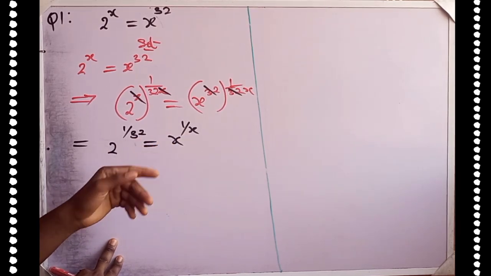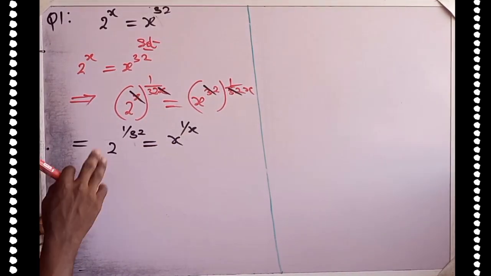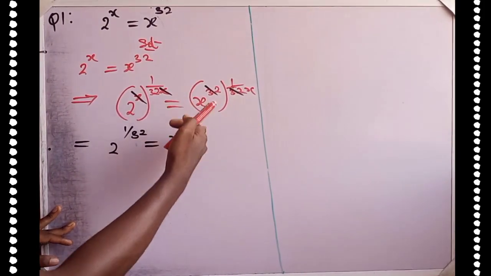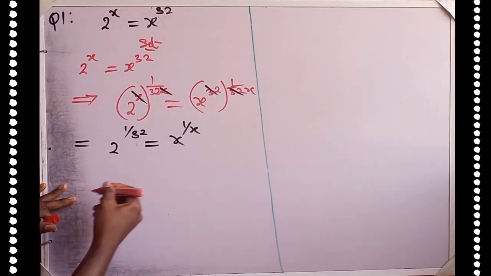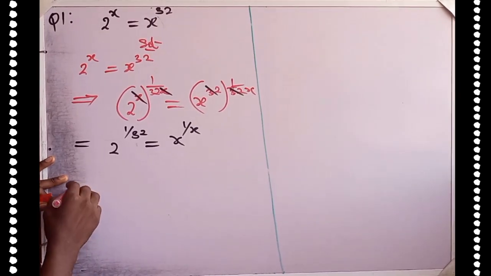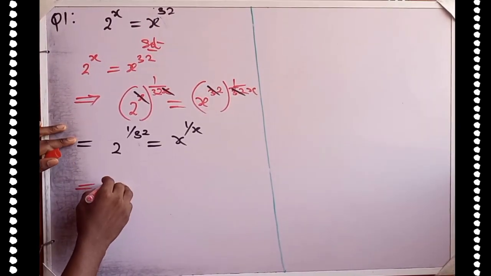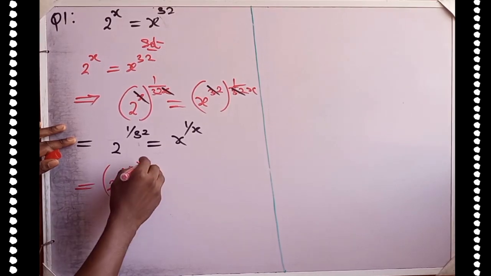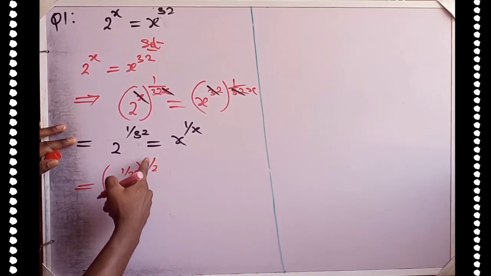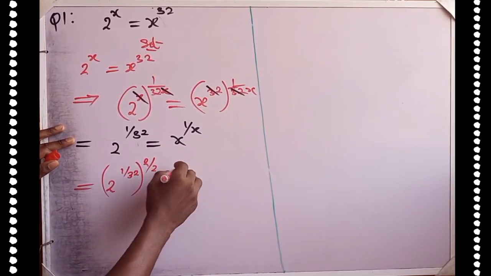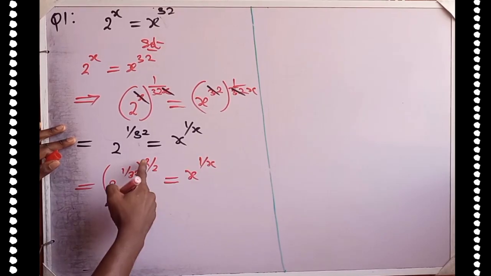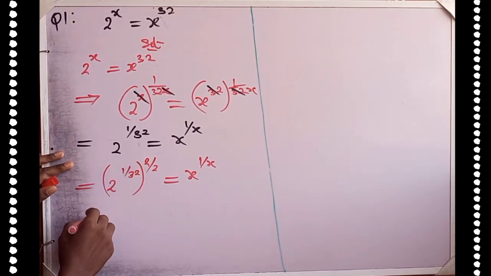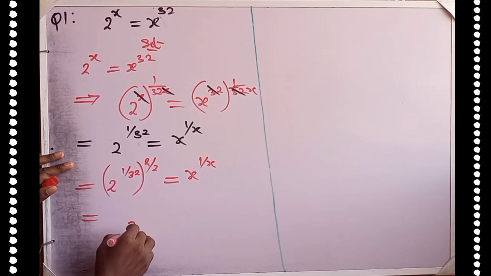We are having 32. So we're going to do some manipulation here so that we have the same base having a power of the inverse. So we begin it this way: 2 to the power of 1 upon 32. I'm going to raise it to the power of 2 upon 2. Of course, I have not changed anything there. 2 upon 2 is still 1. So this power here, I'm going to write as this.